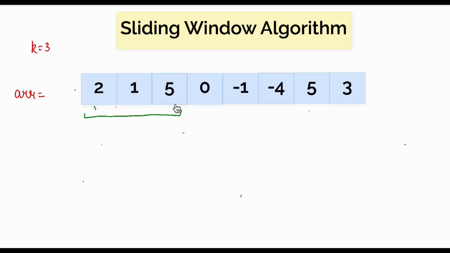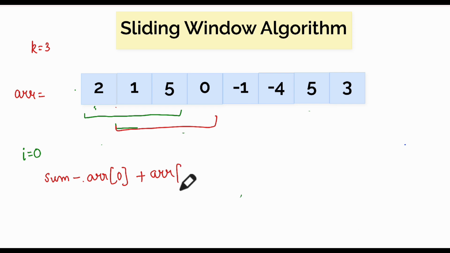Now when I am starting, I've just by default set up. I have not even started the iteration. So now my i is equal to 0, correct? Now when I will move from here to the next element, like when I'm moving from here to here, what is happening? I have to remove my previous sum. So from my current sum, I have to subtract array of previous, that is array of 0. And what I have to do? Add array of 0 1 2 3, right? So this is what is going to happen.